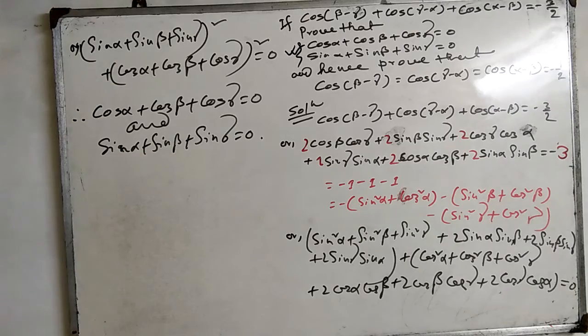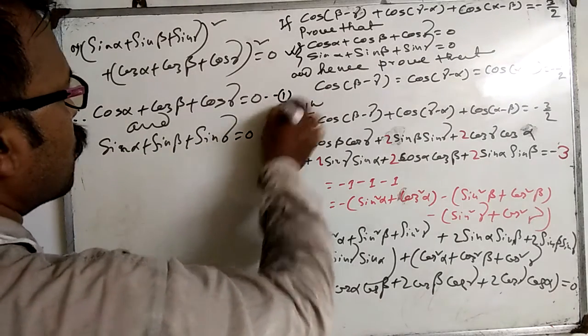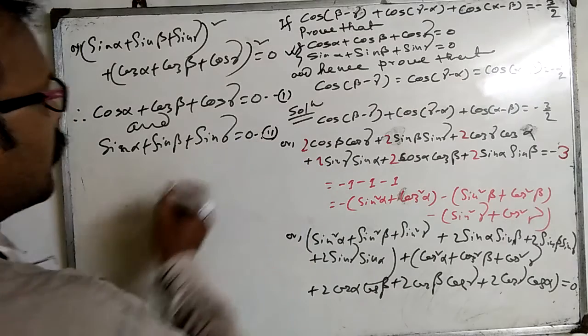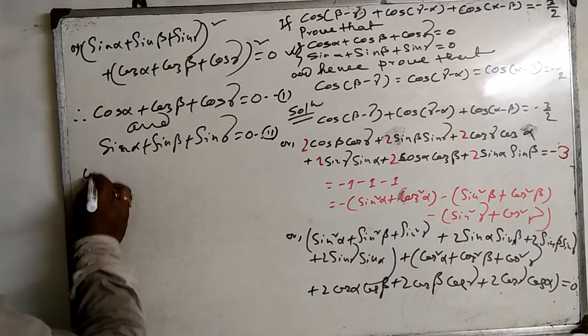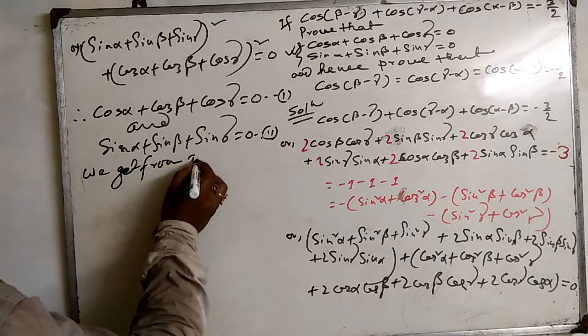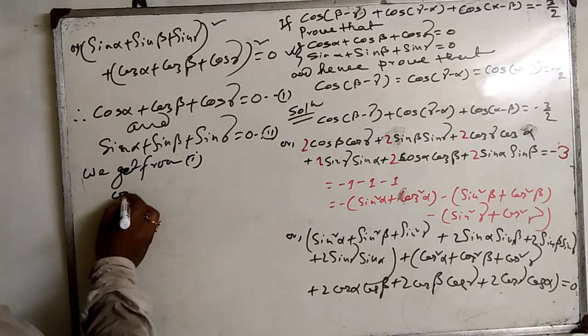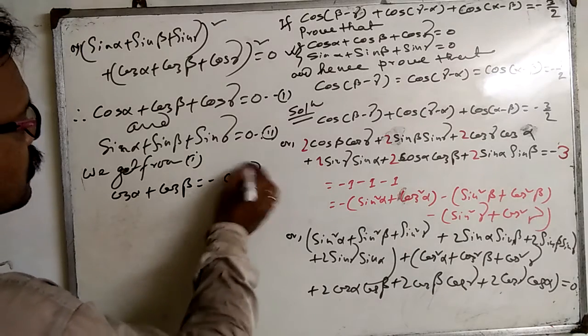And hence to prove the next part, we can mark this as equation number 1 and this as equation number 2. We get from 1, cos alpha plus cos beta equals minus cos gamma.